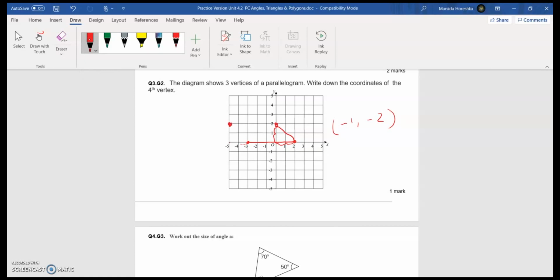There we go. So we have that dot there to make a parallelogram. So that is point -5, 2, comma 2.